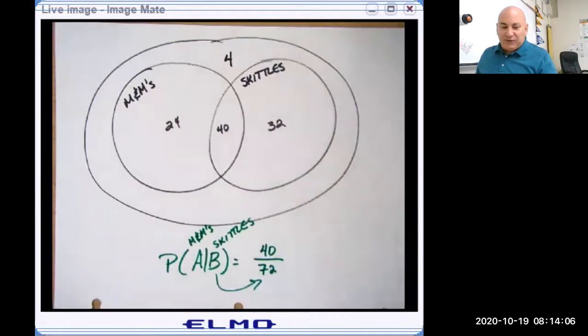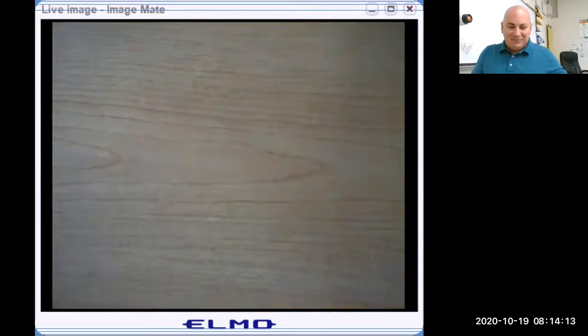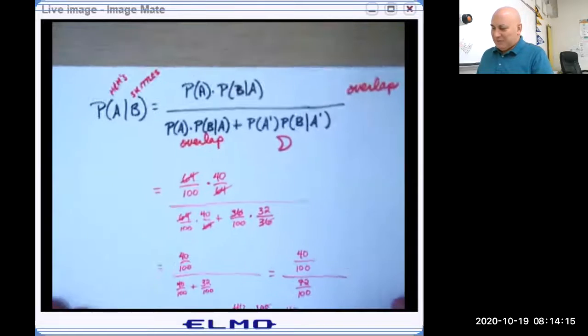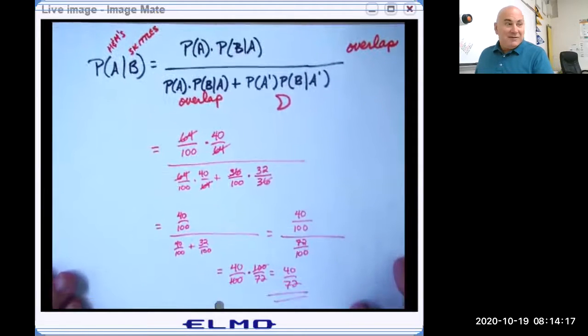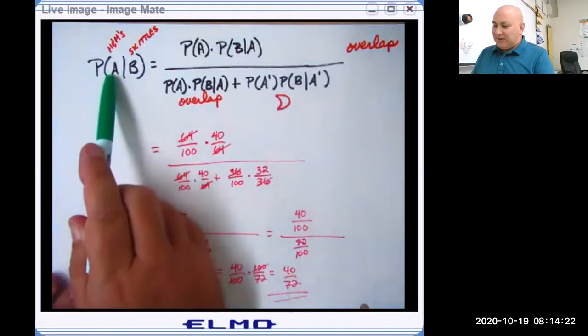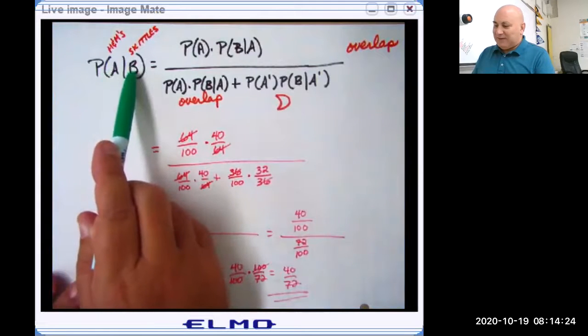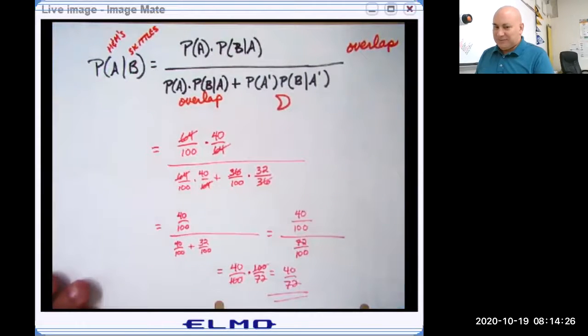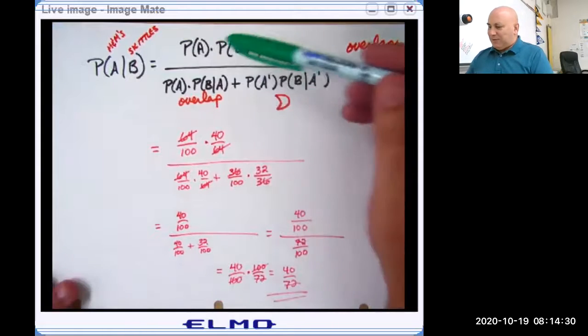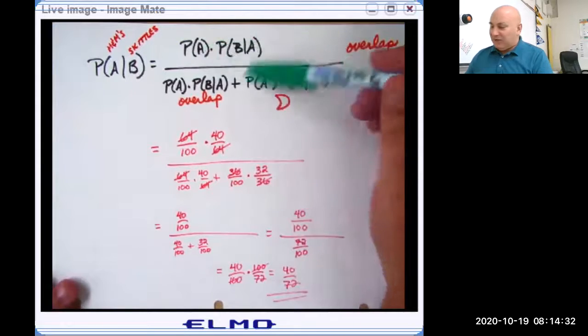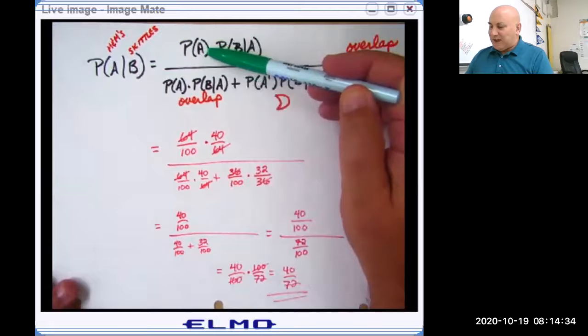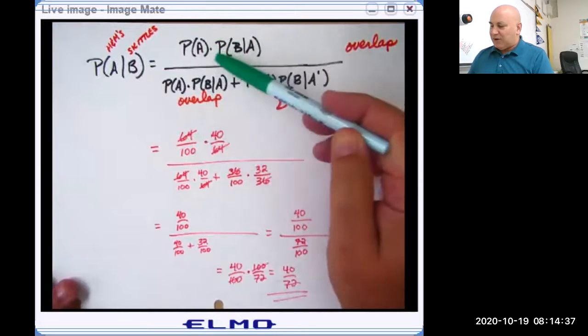And what's really interesting is that we could use Bayes' theorem to do the same thing. So if A is the event of liking M&Ms and B is the event of liking Skittles, then you should be able to come up with each of these probabilities. Look up the probability of A and you should get 64 out of 100.